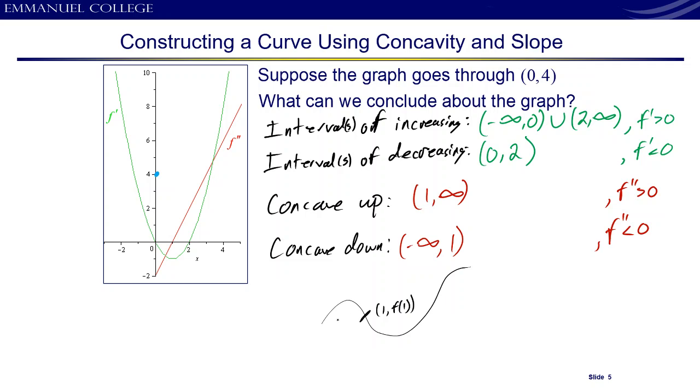Because notice this is kind of where it looks like it goes from opening upward to opening down to opening up. So if I try and sketch this, I need to be increasing, increasing, increasing, need to taper off, and then this is where you have to be careful. So I'm at 1.